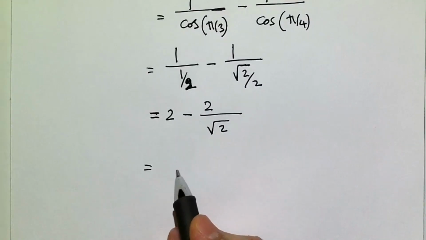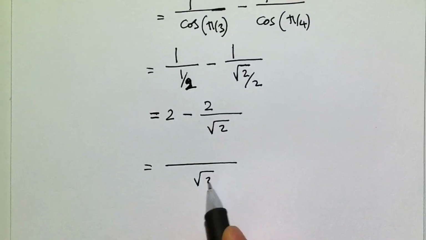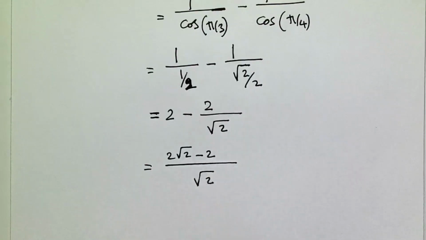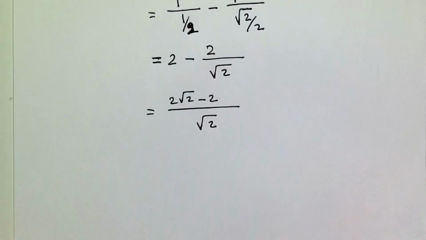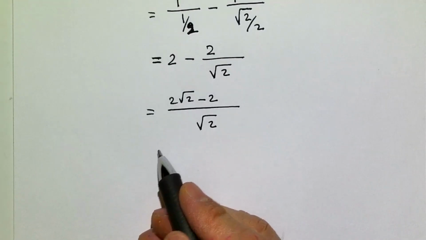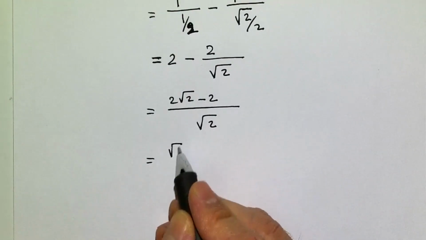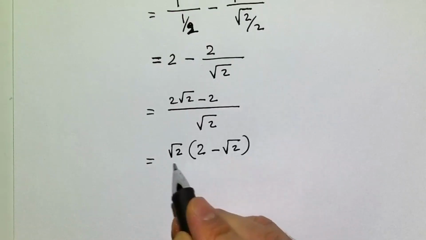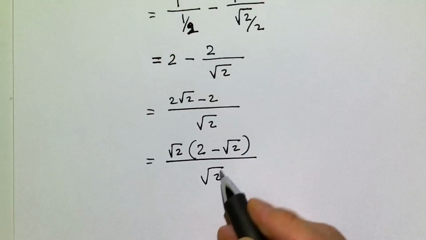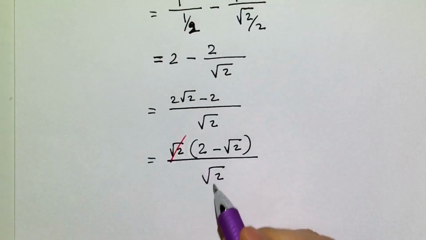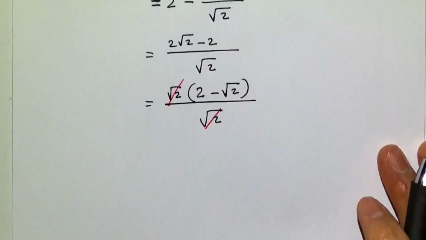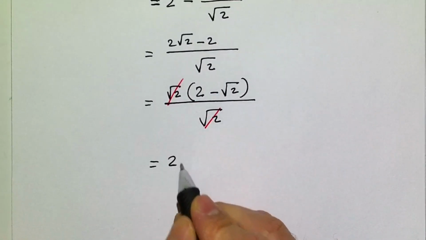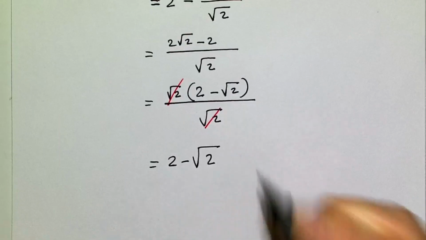Take the common denominator, what do we get? We get square root of 2 and 2 square root of 2 minus 2, right? And then factor out the square root of 2, and then we get 2 minus square root of 2 divided by square root of 2, and of course these two cancel out, and we get the final result, which is 2 minus square root of 2.